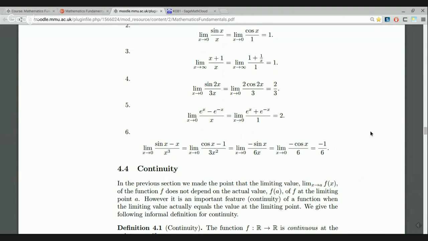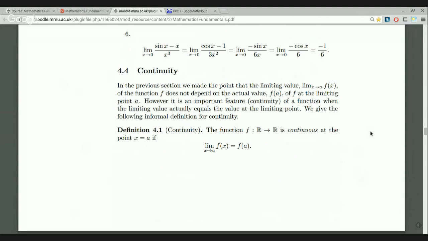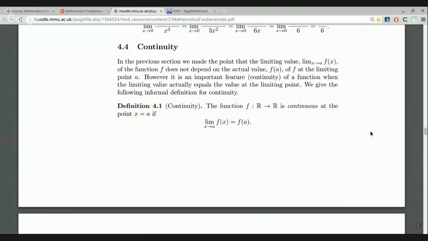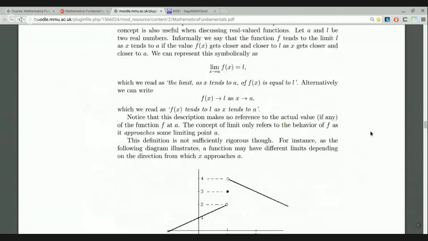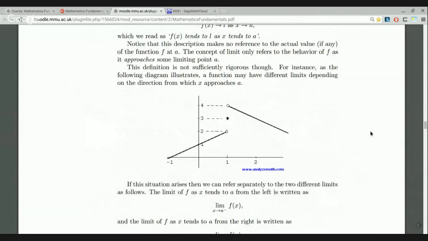Okay then, so the next section is this concept called continuity. Now, I indicated beforehand that the limiting value of a function as x approaches a doesn't depend on the actual value of the function at the limiting argument. This example showed a function which has a certain value at 1, so f of 1 is equal to 3, and we could change it so that f of 1 equals any value at all.